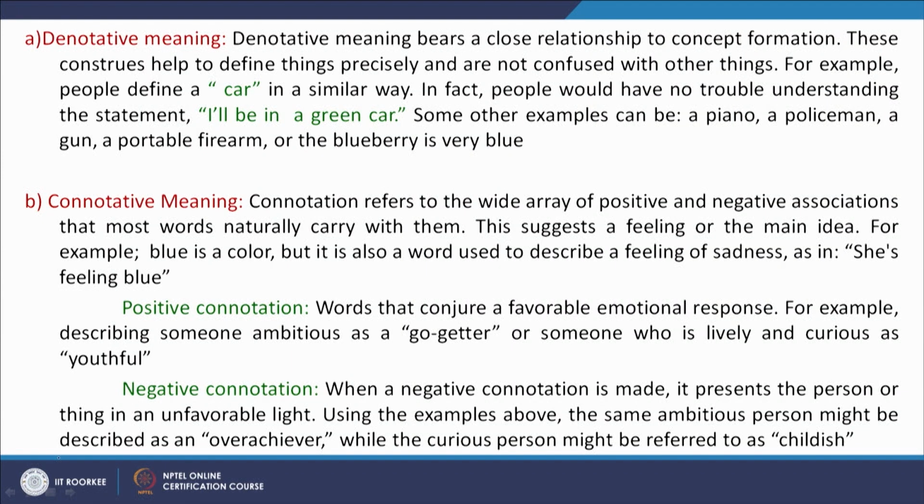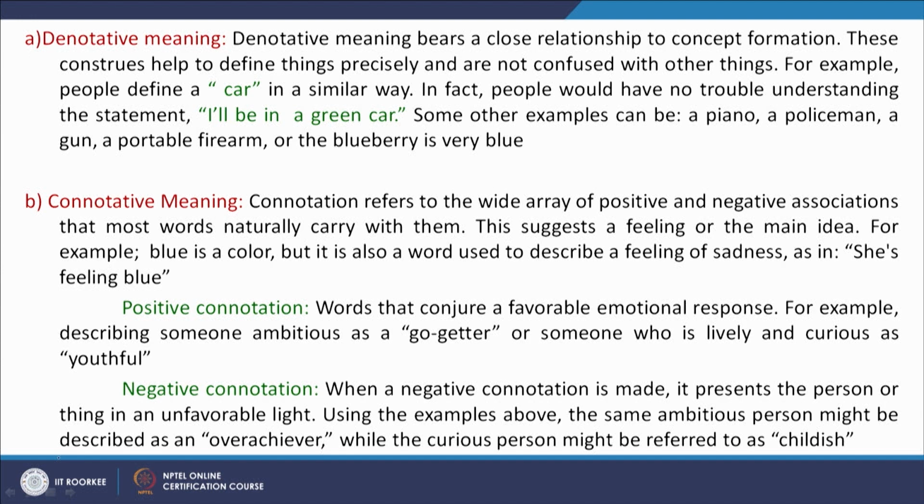This suggests a feeling or the main idea. For example, blue is a color, but when it is used to describe the mental or emotional state of any girl, that she is feeling blue, then that means she is feeling sad. So, this is connotative meaning. What connotes how you relate your feeling and emotion with the other person.